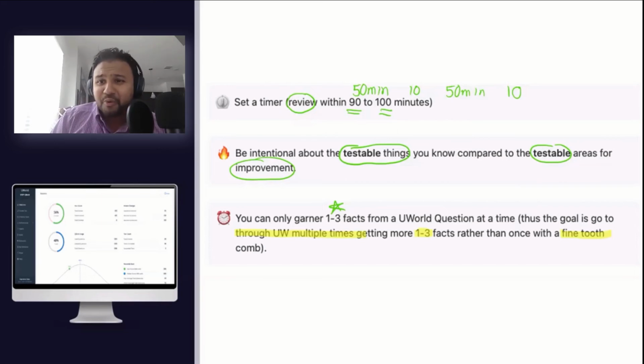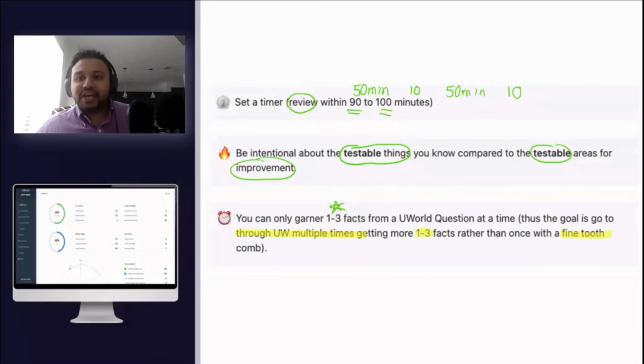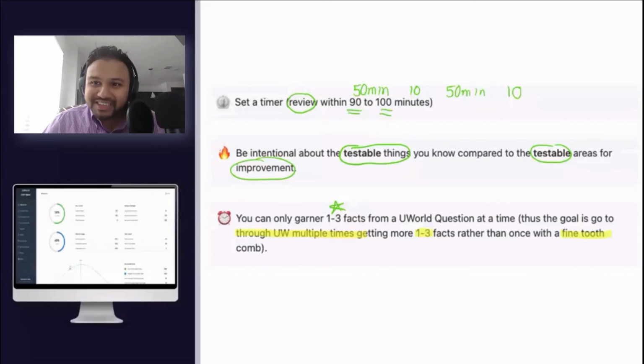Well, I will tell you that it's very hard to do UWorld once, do your incorrects, and then subsequently score 100% on your second pass. So there's always room for improvement.